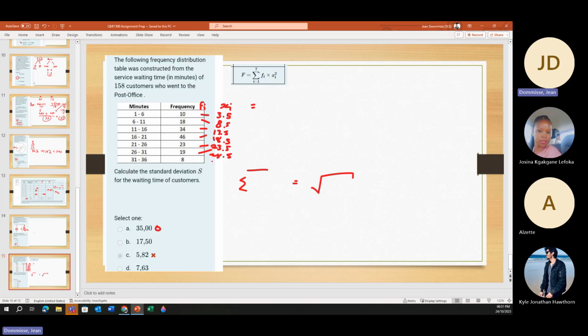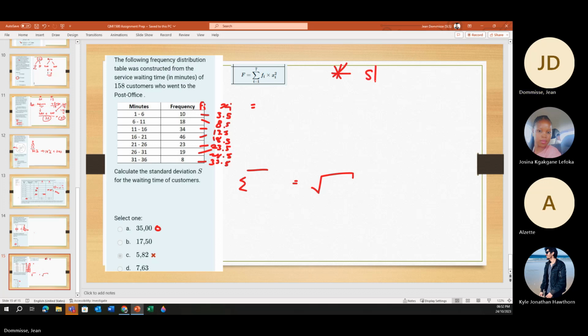Ugh, no, this will be a big number. Times, that is going to be much bigger than that. Okay, do we have a formula for standard deviation for frequency tables?